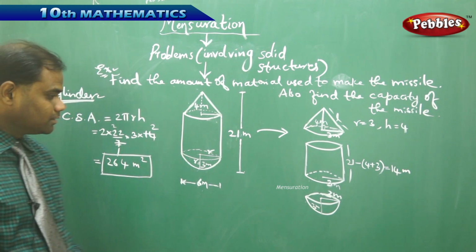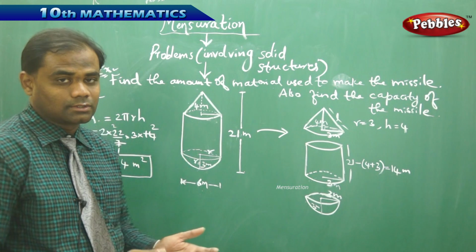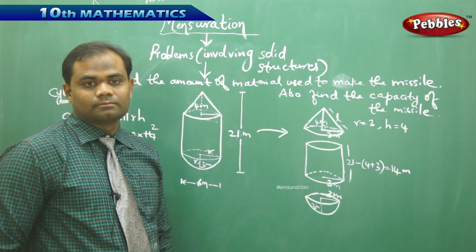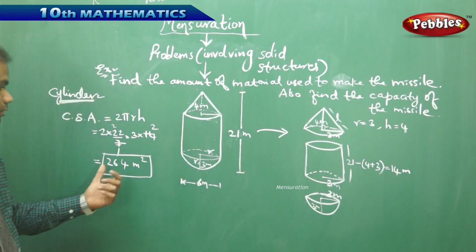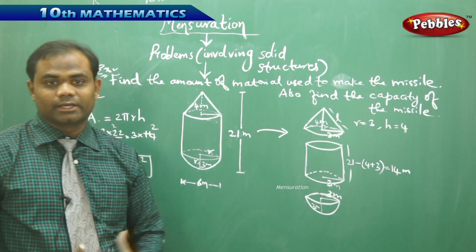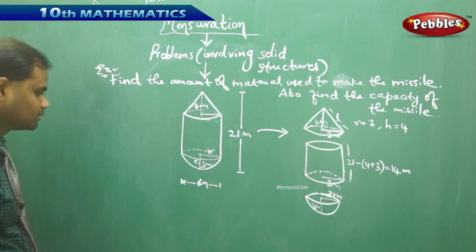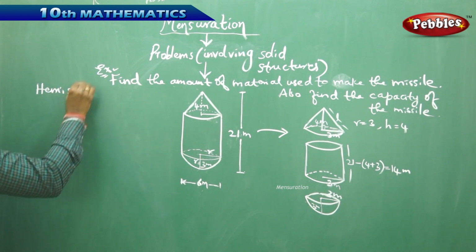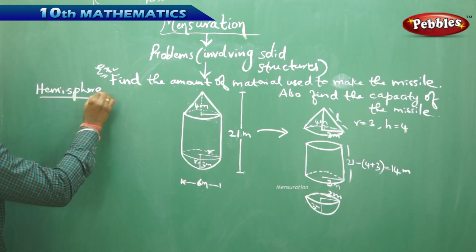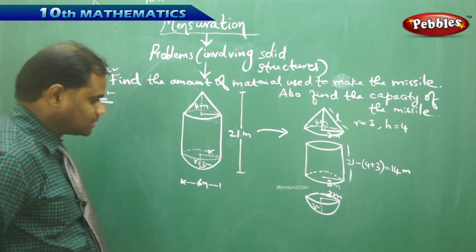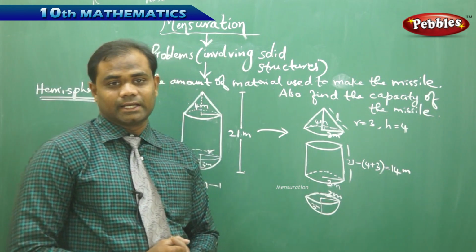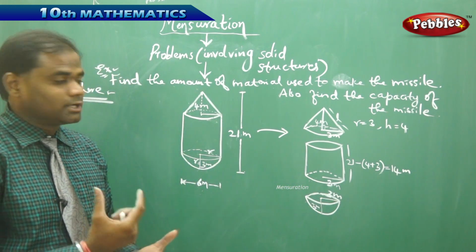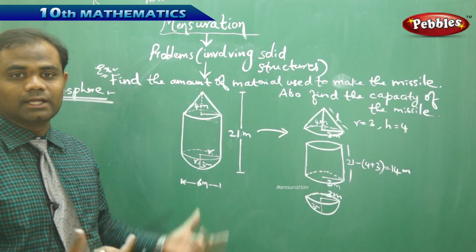And lastly, I need to find the amount of material I require to make the hemispherical part of the missile. So let's see how we can do for the hemispherical part. Now let's take the third part, that is a hemisphere. Here also I don't have the TSA considered, because the internal part of the circular region doesn't come into account for making the missile.